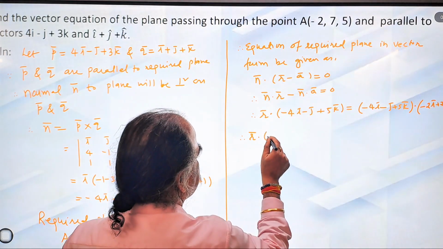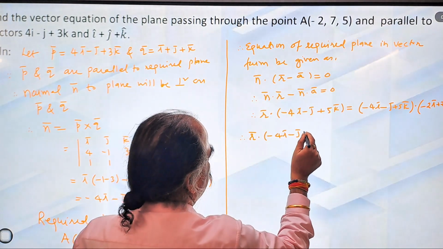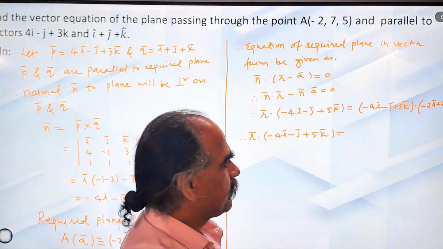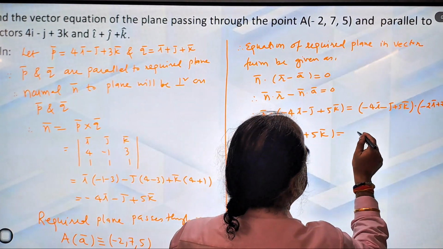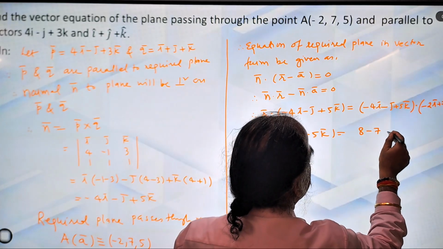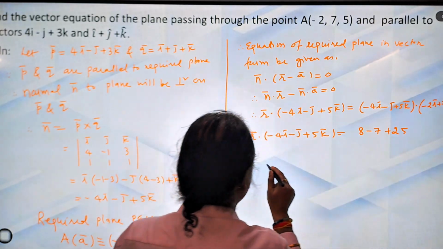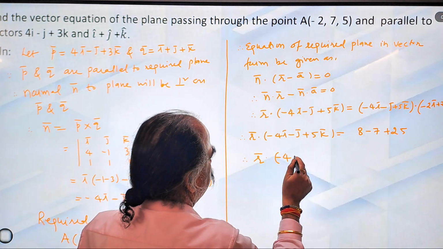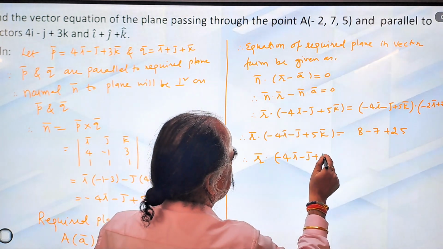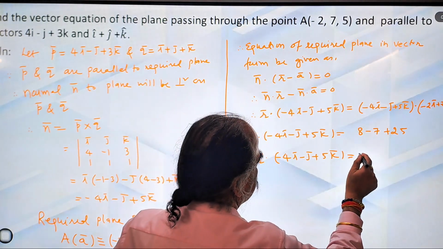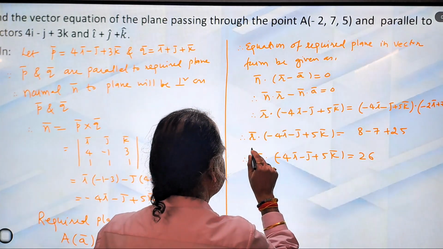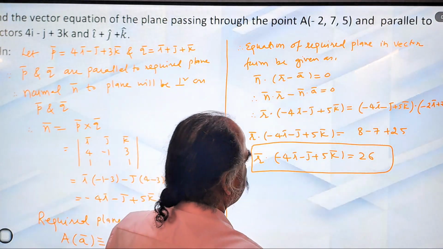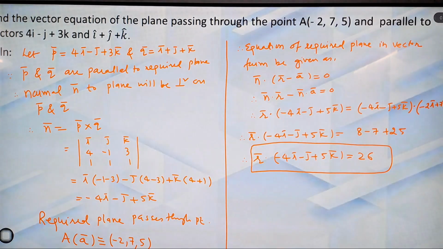So r bar dot (-4i - j + 5k), taking the dot product, gives plus 8 minus 7 plus 25. So r bar dot (-4i - j + 5k) is equal to 26. This is the equation of the plane.